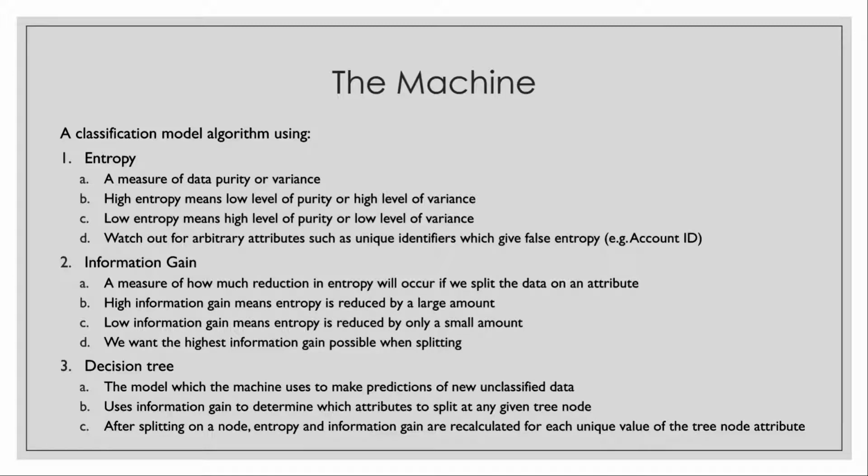Now, the decision tree is what the model is going to use to make predictions on new unclassified data. After splitting, entropy and information gain are recalculated for each unique value of the tree node attribute.